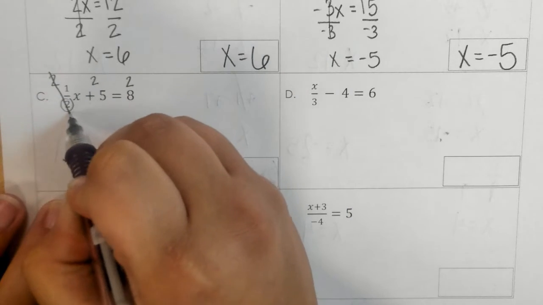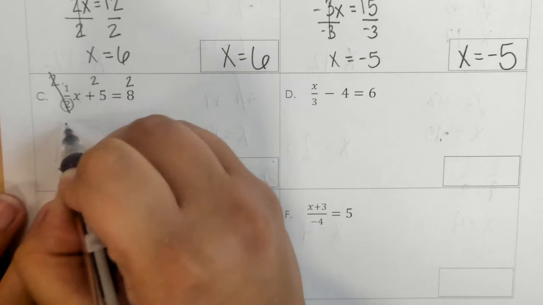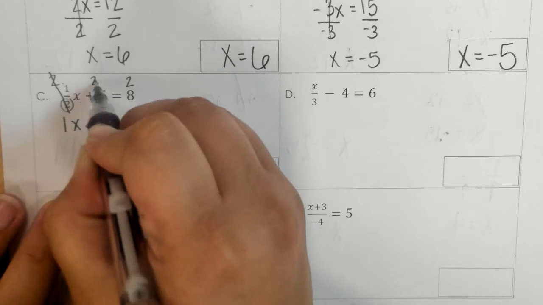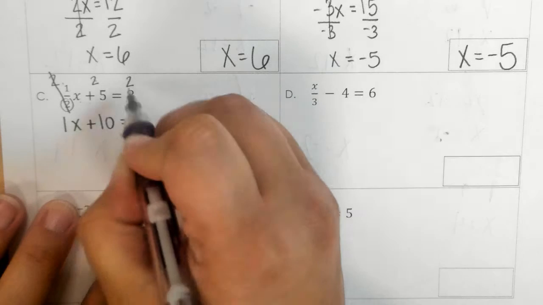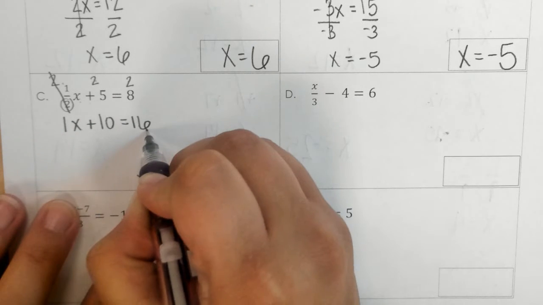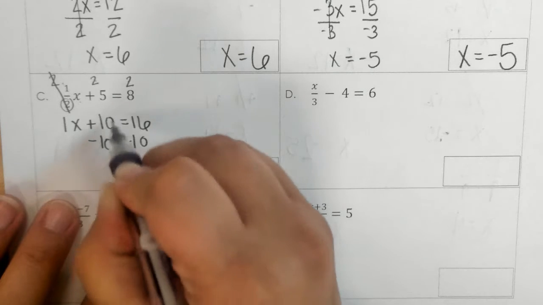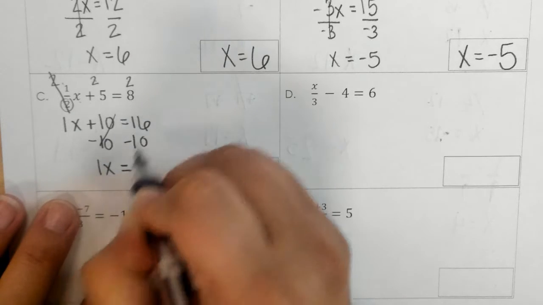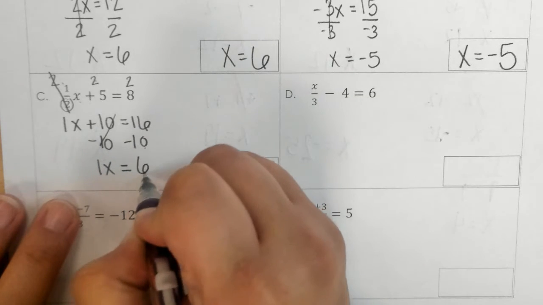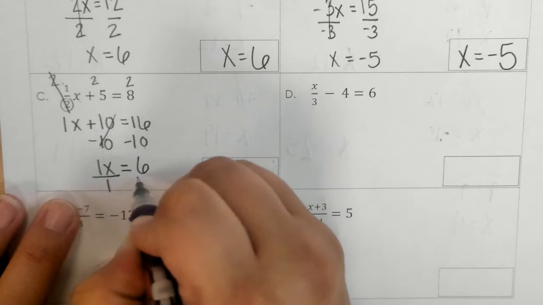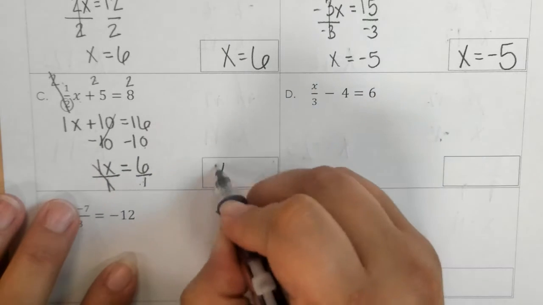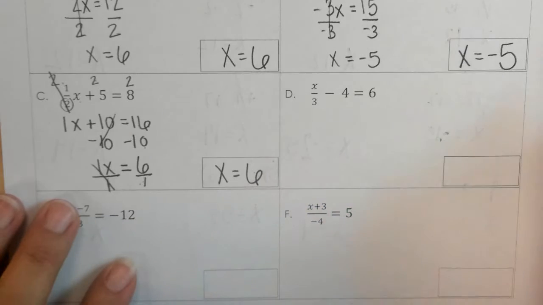This cancels out, leaving you with 1x. 2 times 5 is 10, and 2 times 8 is 16. So now we can subtract 10 and get 1x equals, well, 16 minus 10 is 6. And then lastly, we can divide by 1, and x is still 6.